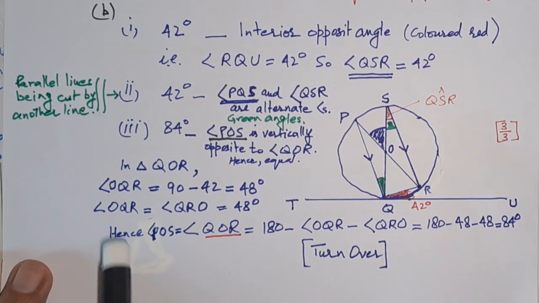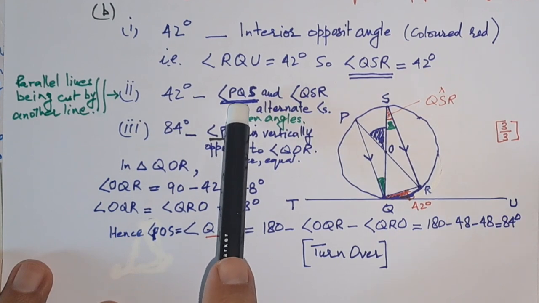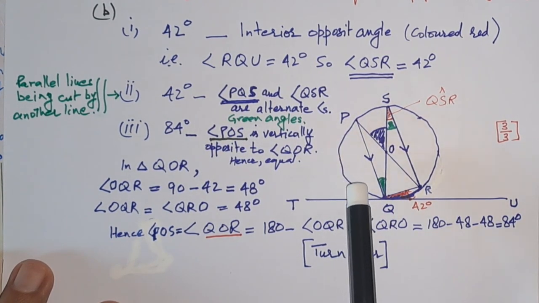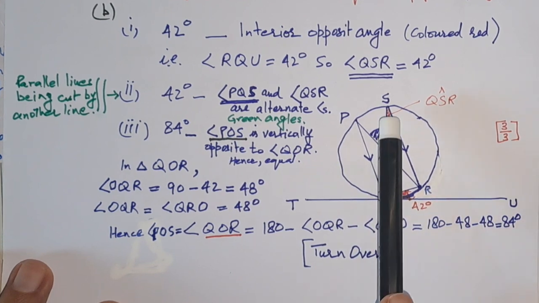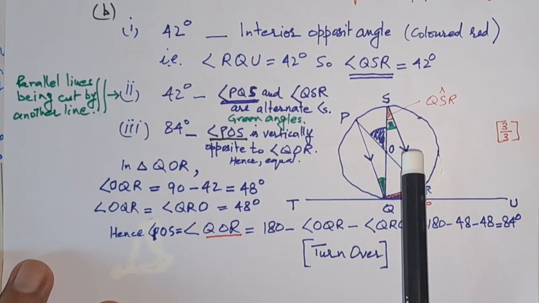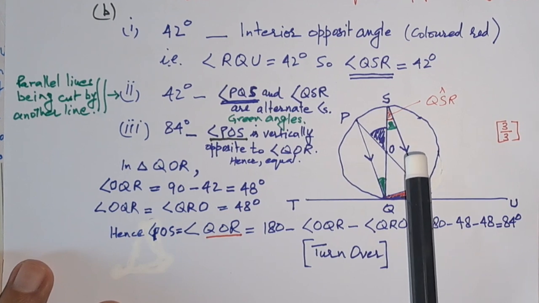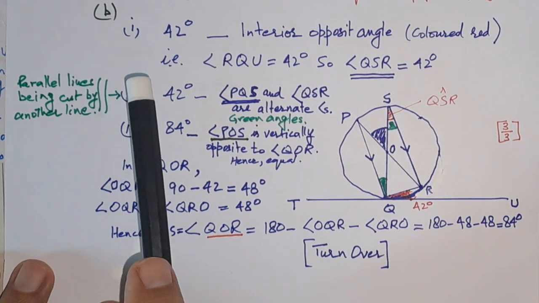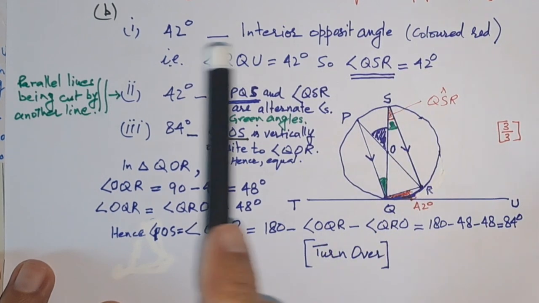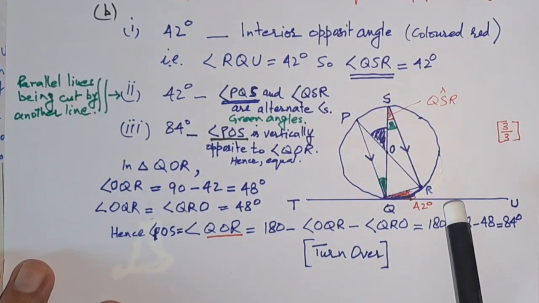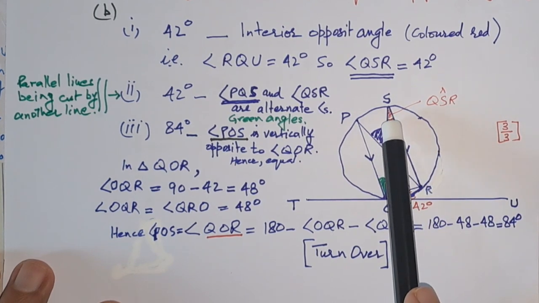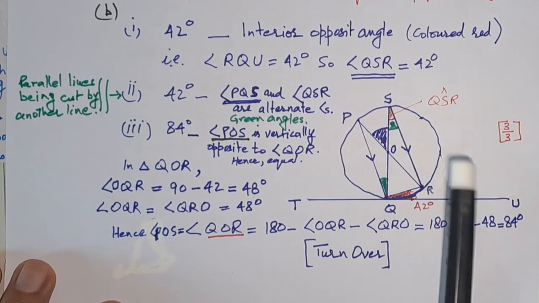We are required to find out angle QSR first of all in part 1. Now angle QSR is this angle, the red angle.